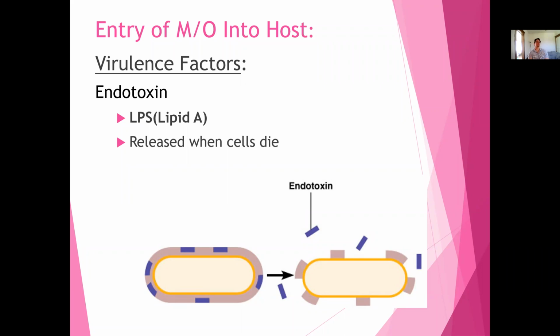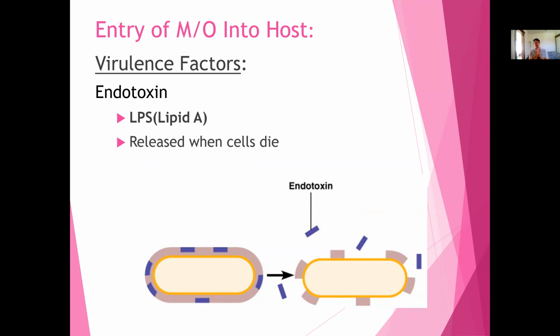Endotoxins differ from exotoxins in a couple of ways. Endotoxins are part of the outer portion of the cell wall of gram-negative bacteria. Think back a couple of lectures: gram-negative bacteria have an outer membrane surrounding the peptidoglycan layer of the cell wall. This outer membrane consists of lipoproteins, phospholipids, and lipopolysaccharides, the LPS.